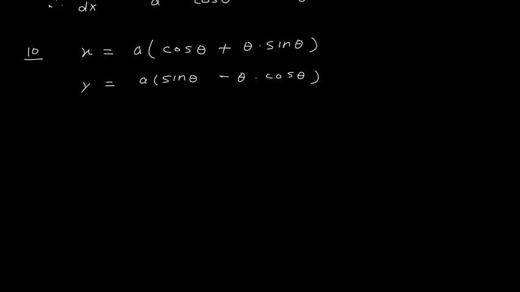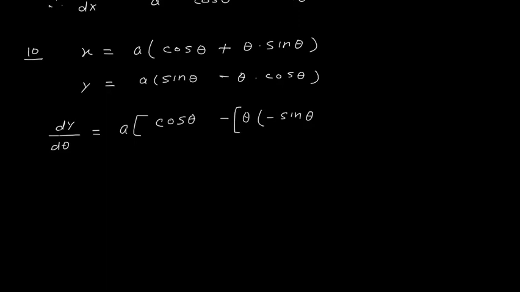So let us first differentiate this y. We get dy upon d theta is equals to a, constant we will keep out. Derivative of sin theta is cos theta minus, here we will use u into v. So theta into derivative of cos theta is minus sin theta. I will keep this minus sign out. Okay.